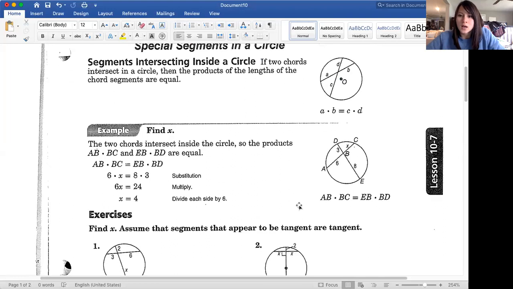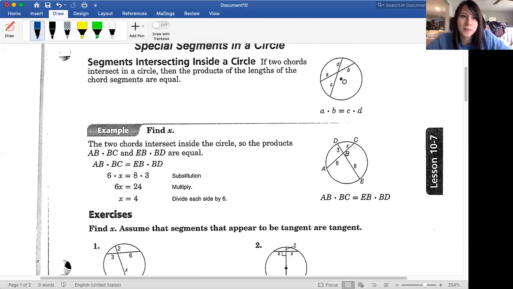So let's look at our example here. Let's say we have 3 and 8 over here and 6 and a certain amount over here. We don't know what it is. Using this idea, we can do 6 times x equals 3 times 8.